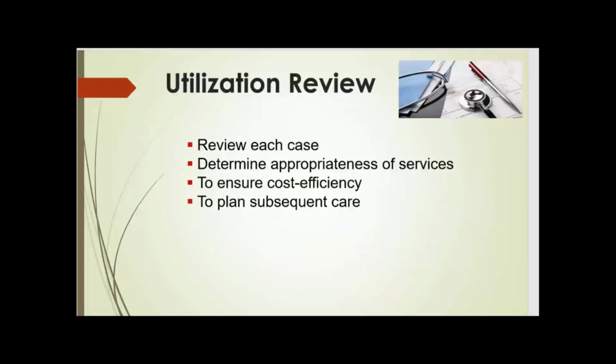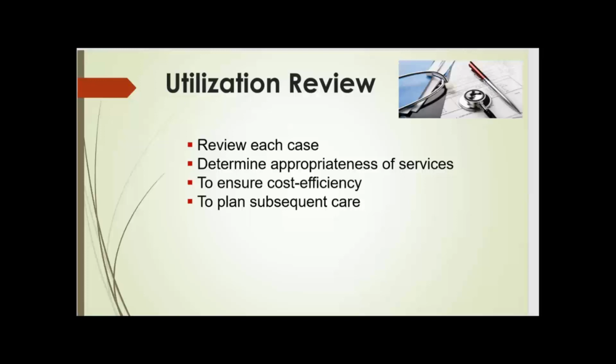All right, so utilization review is the process for evaluating the appropriateness of health services utilization. So it requires a review of each case, determining the most appropriate level of services, ensuring cost efficiency, and planning subsequent care.